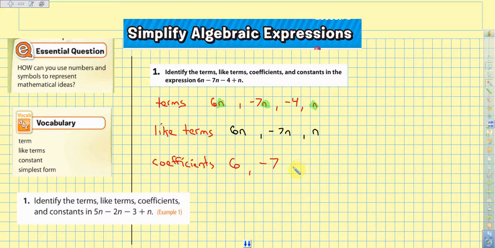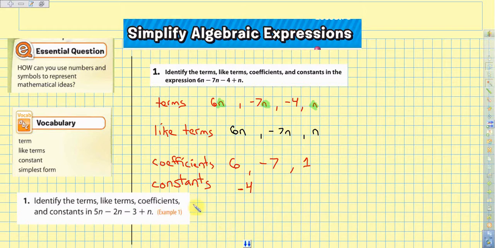You can say that that's 1, because it's 1n. So you could say that that's 1, if you choose to. Either way, as long as you know that these are numbers next to variables is our coefficient. And then we have constants. Those are those numbers or those terms that do not have a variable. And we have one, which is a negative 4.